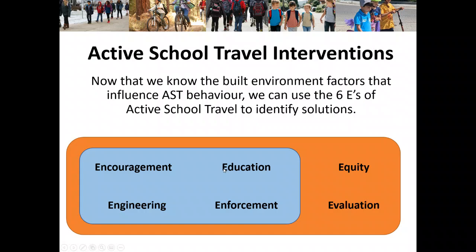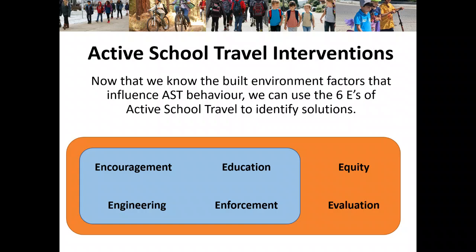Everything we do needs to have an equity lens to it. We need to think of how we make this work for everyone in our school community. And knowing that school community as well helps. So how do we make sure that we're addressing language barriers, differences in abilities? How do we make sure that the work we're doing isn't offensive and is providing everyone the opportunity to participate, right?